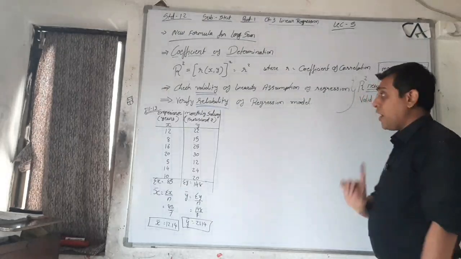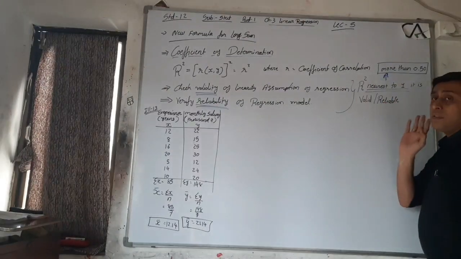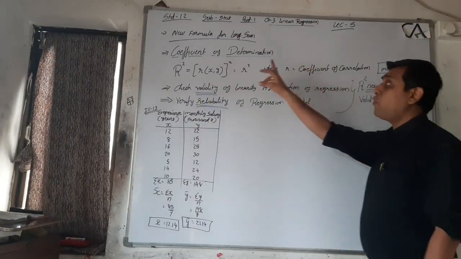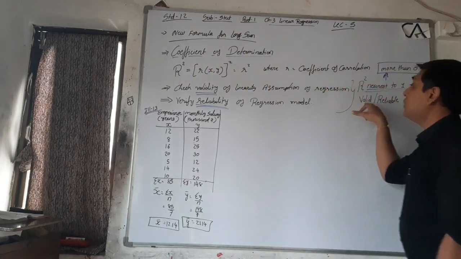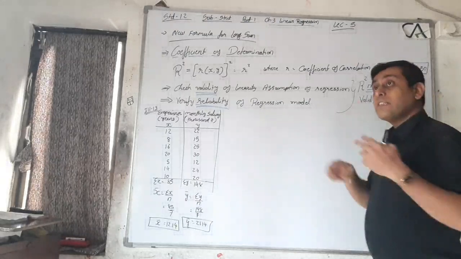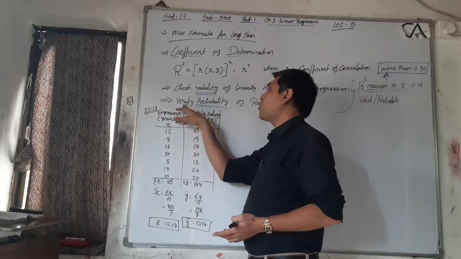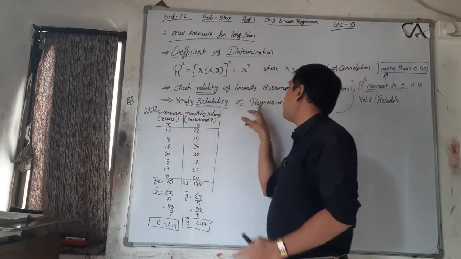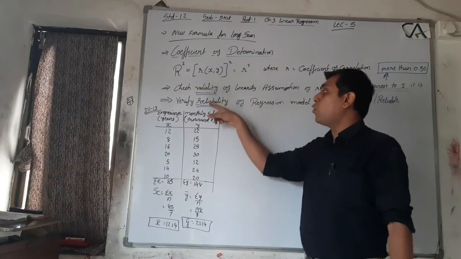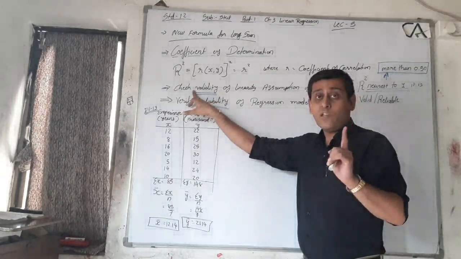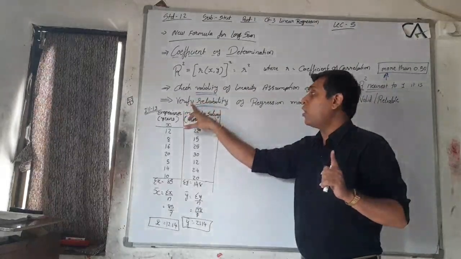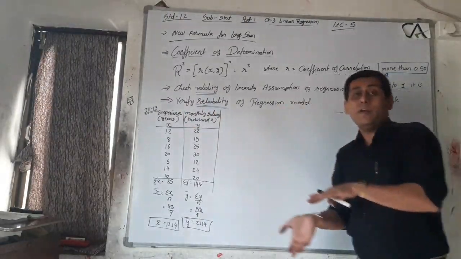If they ask the validity of the regression, then you first have to find the coefficient of determination and then write the answer. And the second type of question is verify the reliability of the regression model. Underline these two words: you have to check the validity, or you have to verify the reliability.